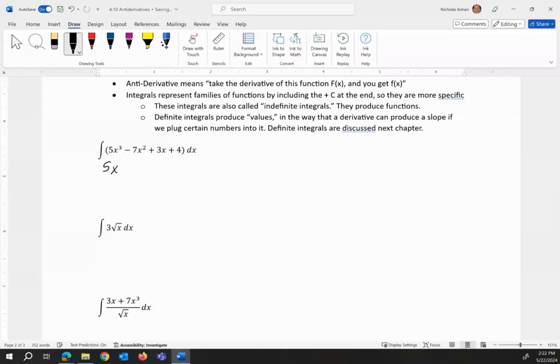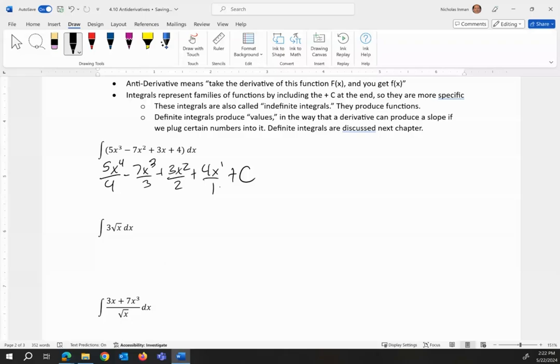So it'd be 5x to the fourth over 4, 7x cubed over 3, 3x squared over 2, 4x to the first over 1. Now I should put a plus c at the end, and then look to see if anything reduces. In this one, yeah, that's it.